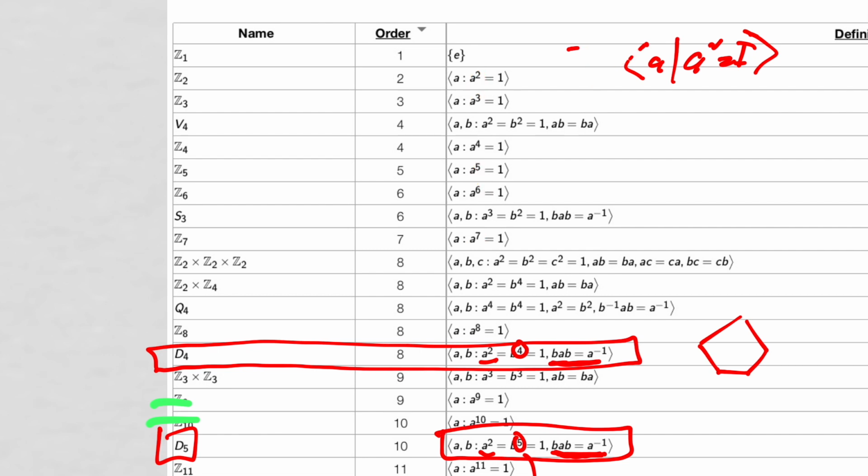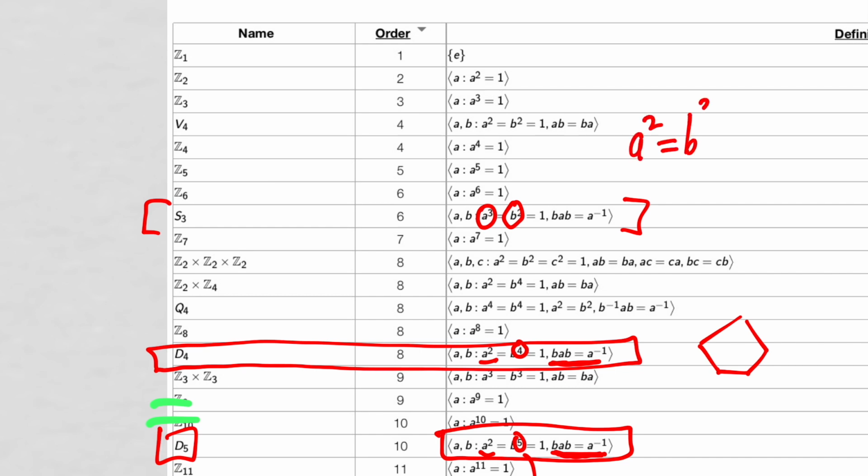Let me erase this stuff here. But D3, let's look at S3, right? This almost looks the same. You've got an involution, although they call the involution B here, and if you switched A and B, this would be looking pretty good. You'd get the involution A, and then B to the third.